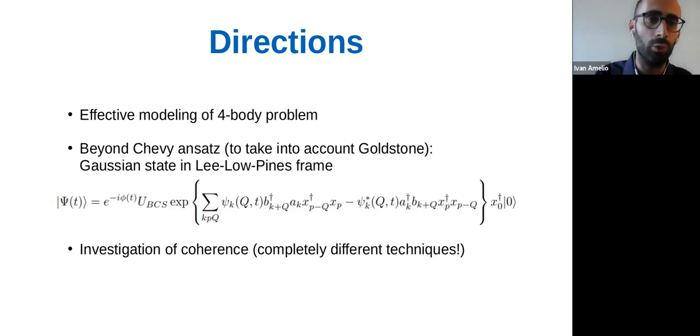One could hope to do a Gaussian state treatment. With this, I mean, one can go in the Lee-Low-Pines frame, where the impurity acts like an external potential, and one can basically construct a Gaussian ansatz for the fermions.